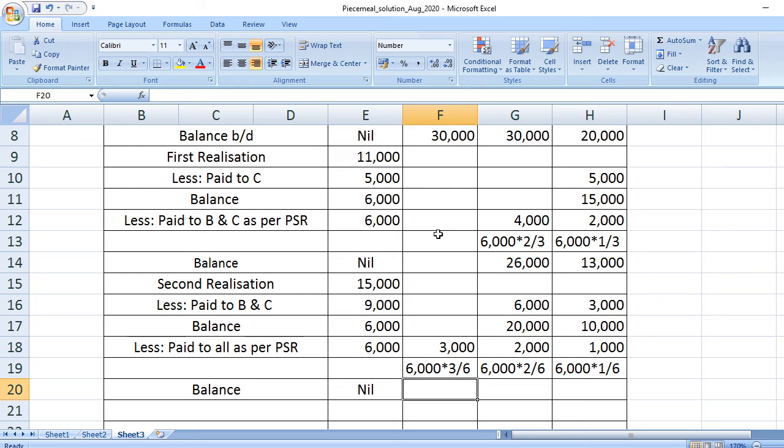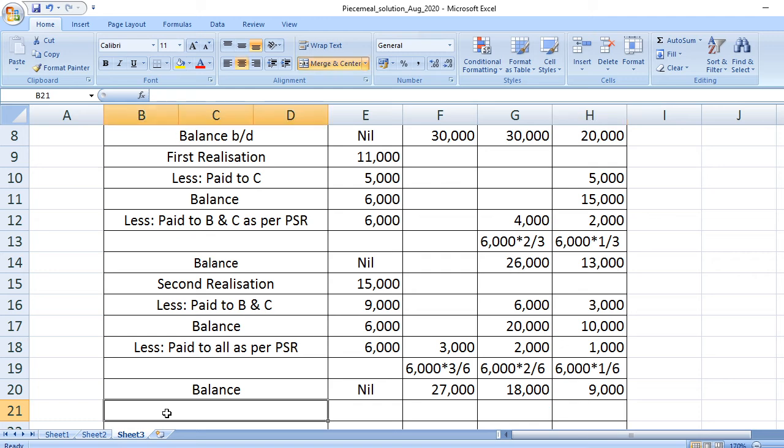The rest of the amount remaining is 27,000 capital. What about B's? From this 20,000 balance, 2,000 received. The rest of the value remaining is 18,000. For C, 10,000 minus 1,000, rest of the value 9,000. Okay, I hope you understood.